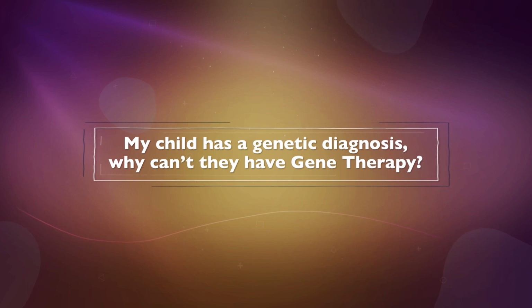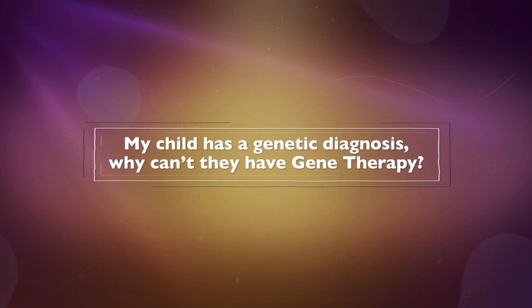You may be wondering, my child has a genetic diagnosis. Why have they been told they can't have gene therapy? Well, a genetic diagnosis does not automatically mean that your child can receive gene transfer therapy.